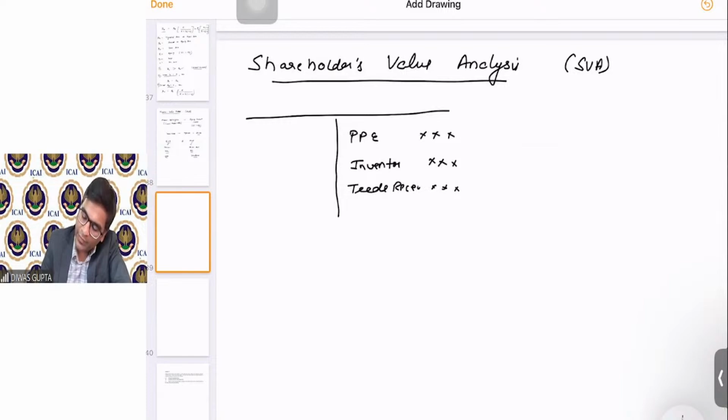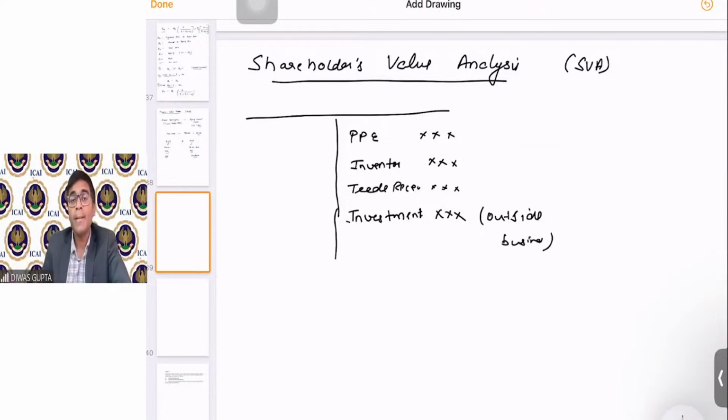It will also have investments. Okay, investments in the form of outside the business, right? Let's say the investment is done in mutual funds. The investment is done in stocks of other companies, right? So this is outside the business, really. Then you will also have other current assets which pertain to the business.